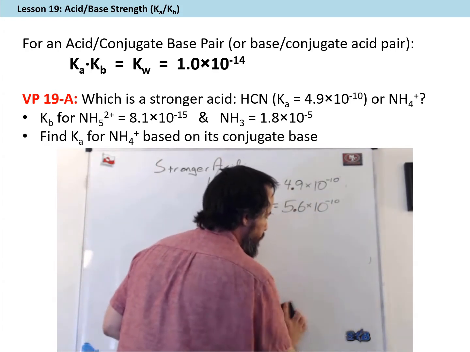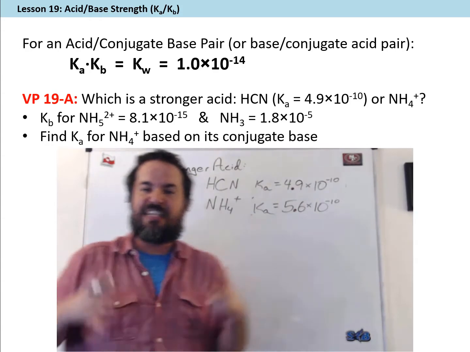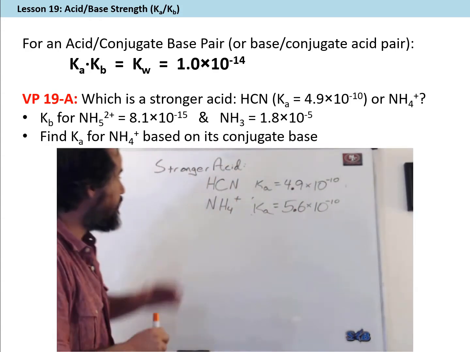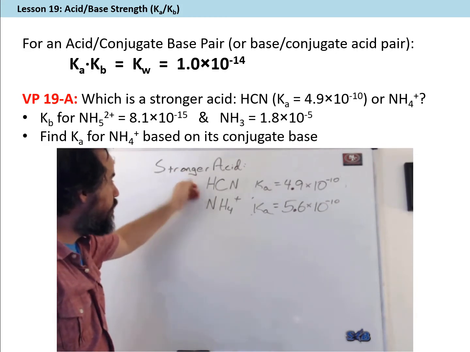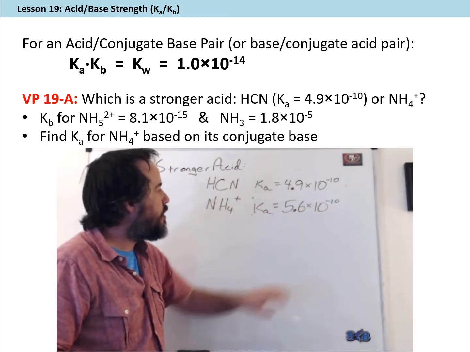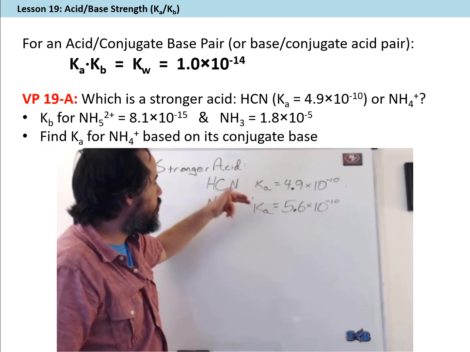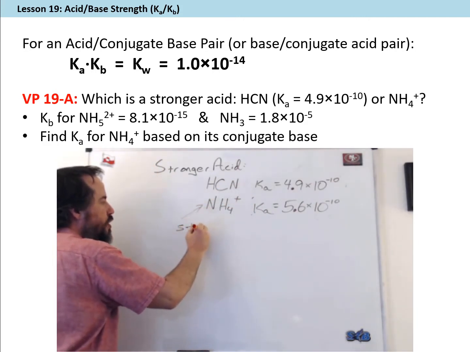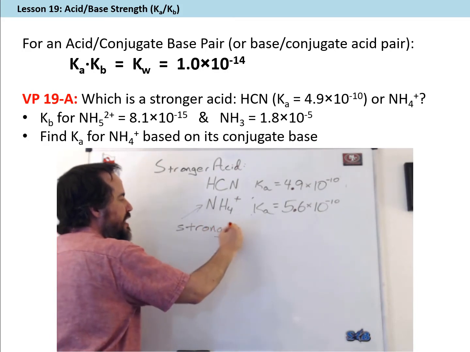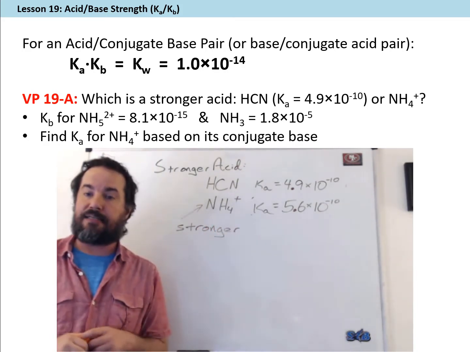If I want to know which one is stronger, I ask which one has a larger Ka. They're both 10 to the minus 10, so I look at these two numbers. This number is larger, so NH4 plus is my stronger acid.